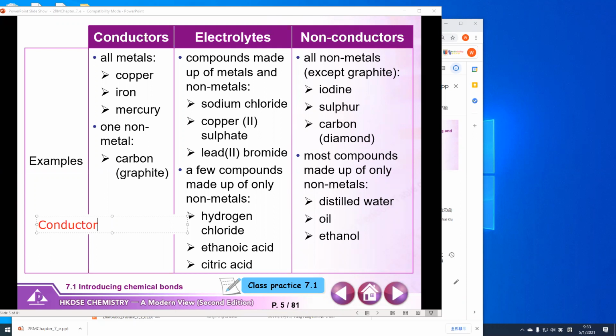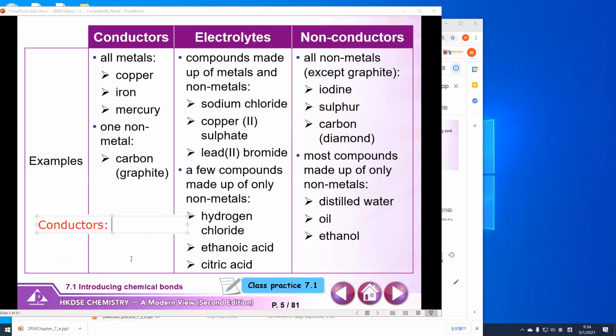識唔識？唔識唔緊要，慢慢嚟。Conductors，你話俾我聽邊種係 metals 啊？邊種係金屬？Iron 啊。喺 class practice 7.1嗰度喎。你攞翻本書未？What are conductors?